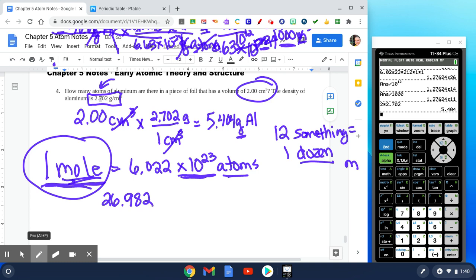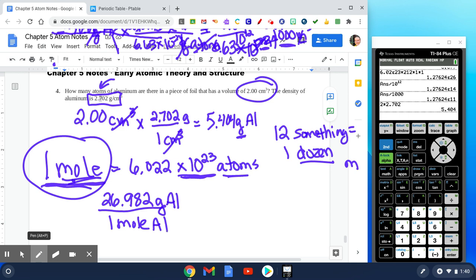What this number means is not only atomic mass units, it's also how many grams are in 1 mole of that element. So I can use the periodic table to figure out how many grams are in 1 mole of any element on the table. In this case, this is specific to aluminum. So I have this many grams of aluminum in every 1 mole of aluminum. And the same thing is true for any other element on the periodic table.